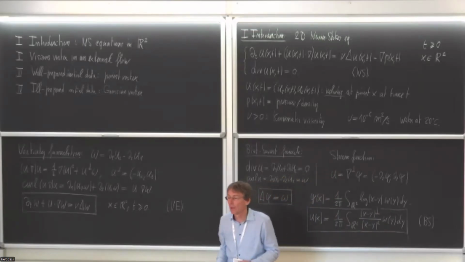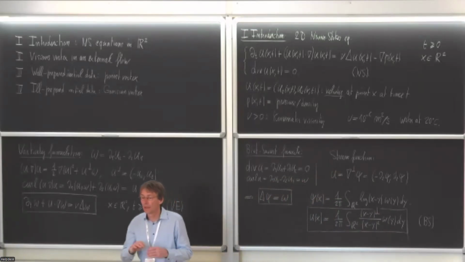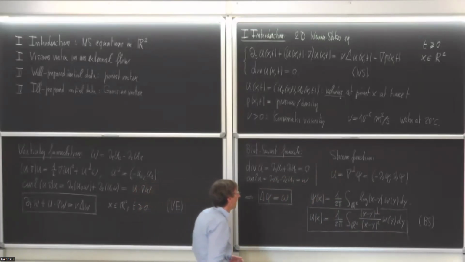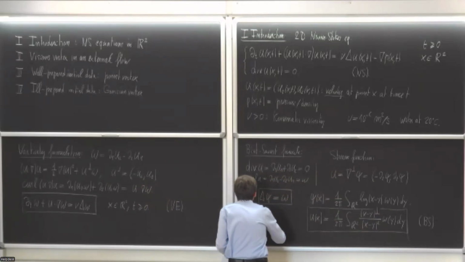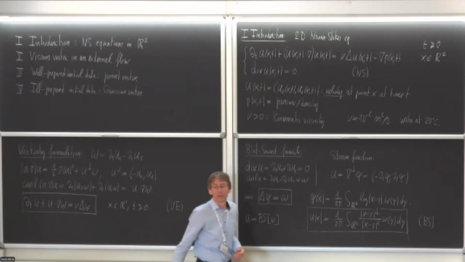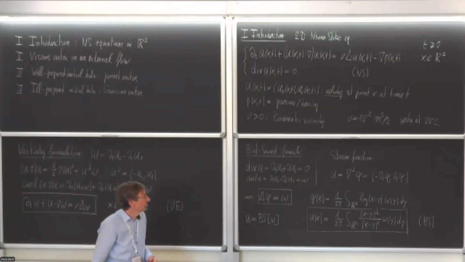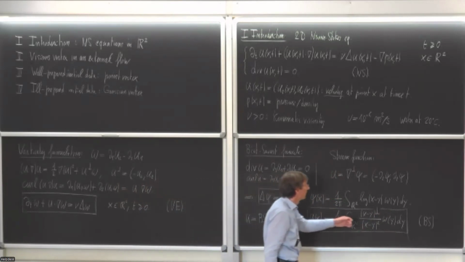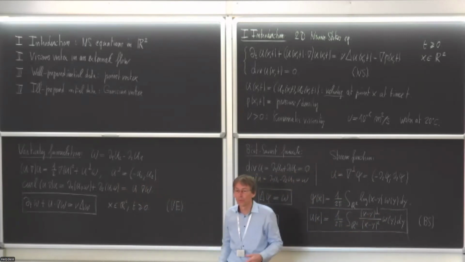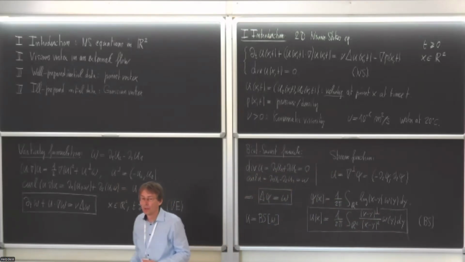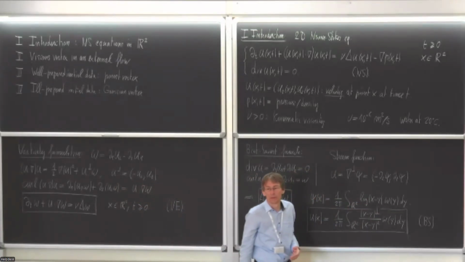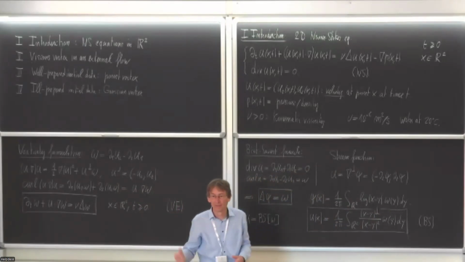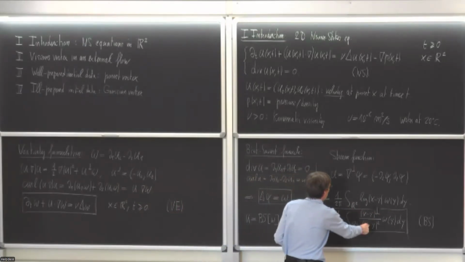But as soon as omega has some regularity and decays at infinity sufficiently fast, there is no problem defining this one. So in what follows I will denote u is BS of omega whenever this formula is valid. So you see that u is a linear function of omega, but it's obviously a non-local function of omega because it's a convolution of omega with some singular integral kernel, not singular in the sense of Calderon-Zygmund, just 1 over x.